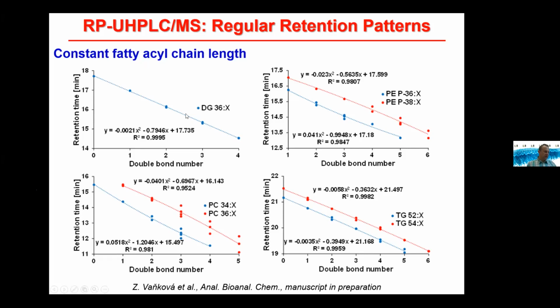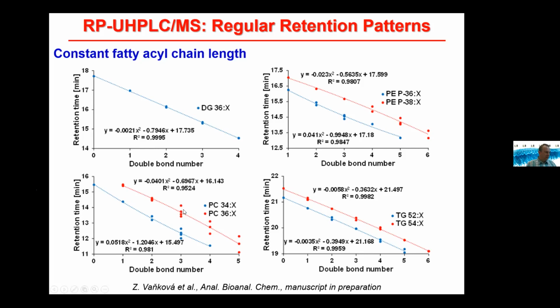For example, if you select some lipid class like diacylglycerols, you take a constant number of carbon atoms and a different number of double bonds, and you may put it in a very nice dependence. And you may do the same for all lipid classes. We are able to create over 50 various dependencies, and they are in all cases better than 0.999.